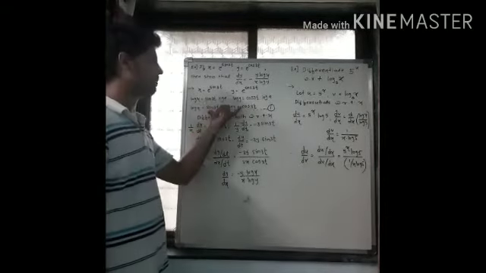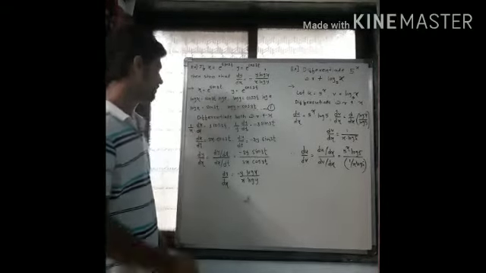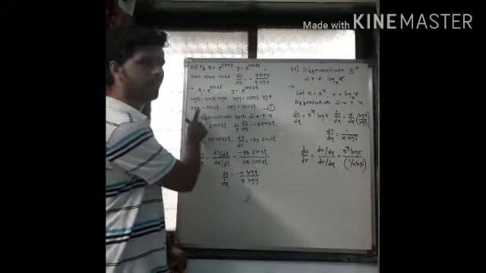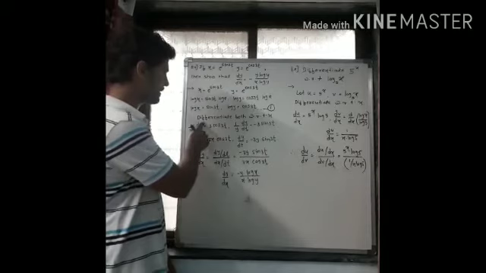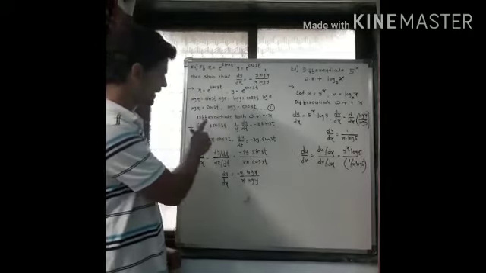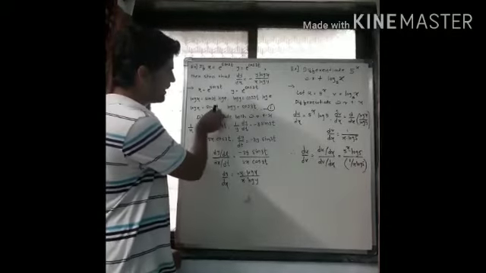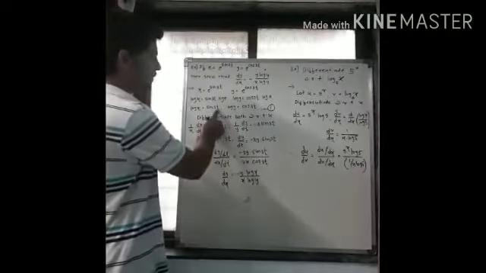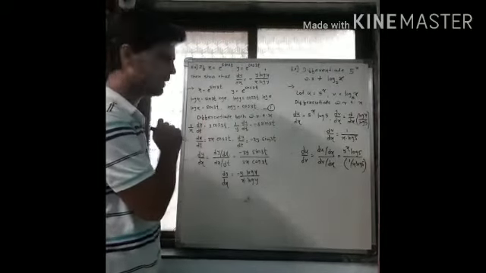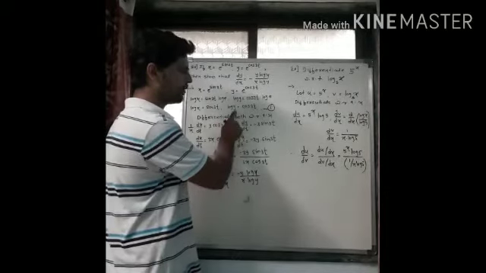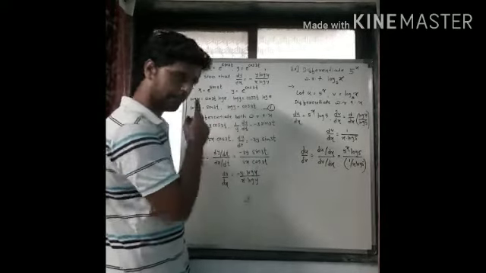Now we'll differentiate both sides with respect to t. So the derivative of log x will be 1 by x, but the derivative of x with respect to t is dx by dt, right? Now the derivative of sine 3t is cos 3t, but we'll differentiate 3t separately using the chain rule. So the derivative of 3t is just 3. Done? Now the derivative of log y is 1 by y and the derivative of y is dy by dt.